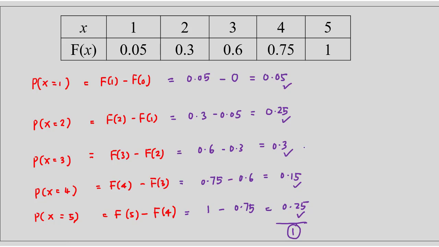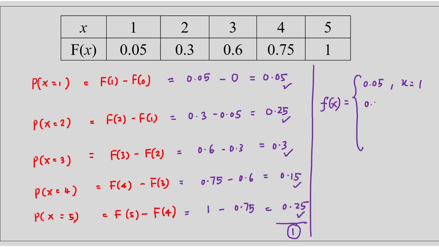Once we get this, for sure we have to compute the probability distribution function. We leave it in terms of piecewise function f(x). We double check how many probabilities we have here: 1, 2, 3, 4. There are 4. So we can write down first, 0.05 belongs to 1. Next, 0.15 belongs to 4.